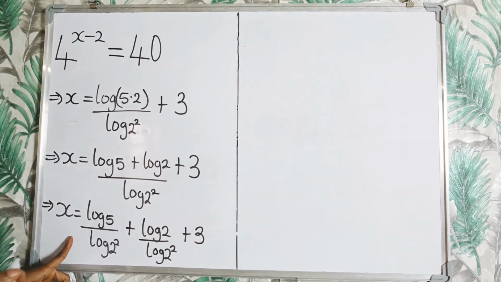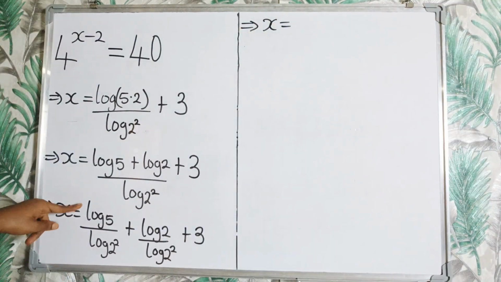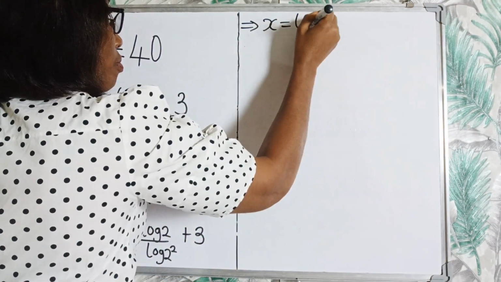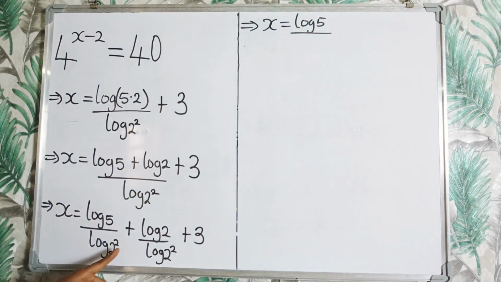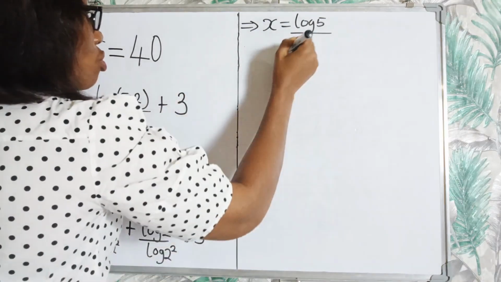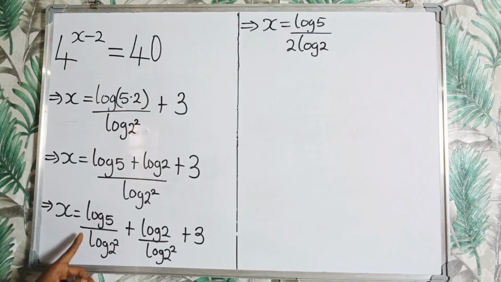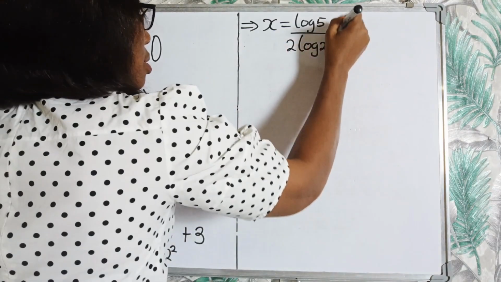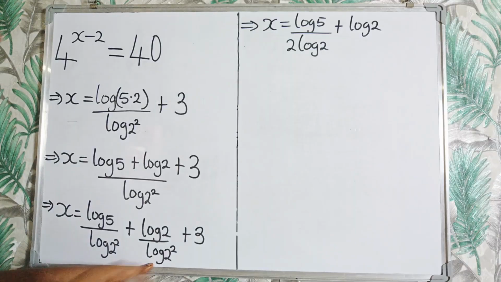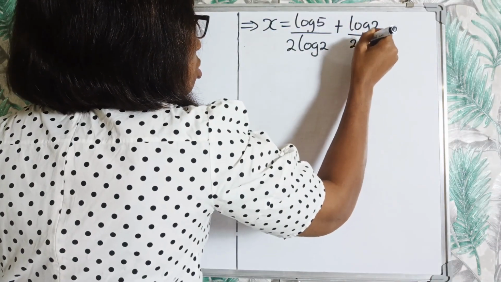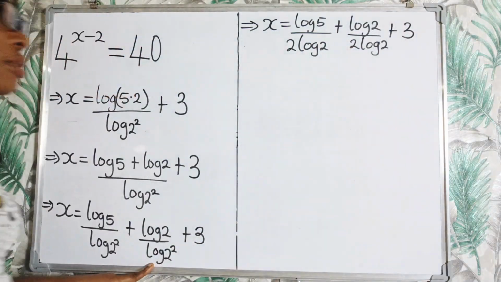So from here, our x is now equal to, we have here log 5 divided by, applying the law of logarithm here, 2 log 2. So we have used our exponent to multiply the log here, plus log 2. We are going to do the same thing to this one. So we are going to have divided by 2 log 2 plus 3.